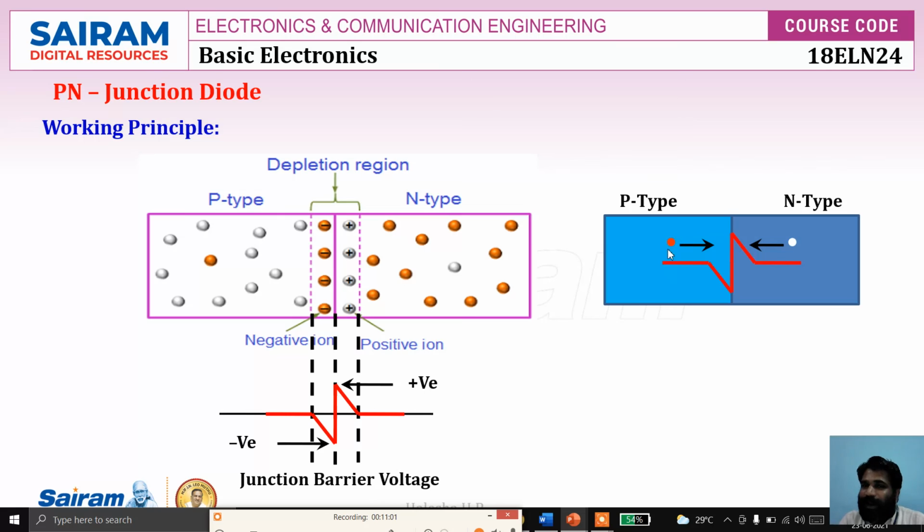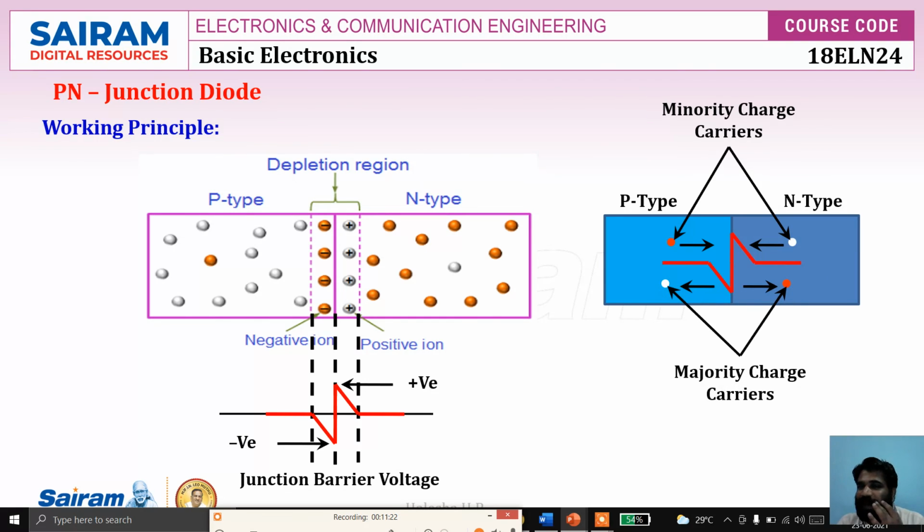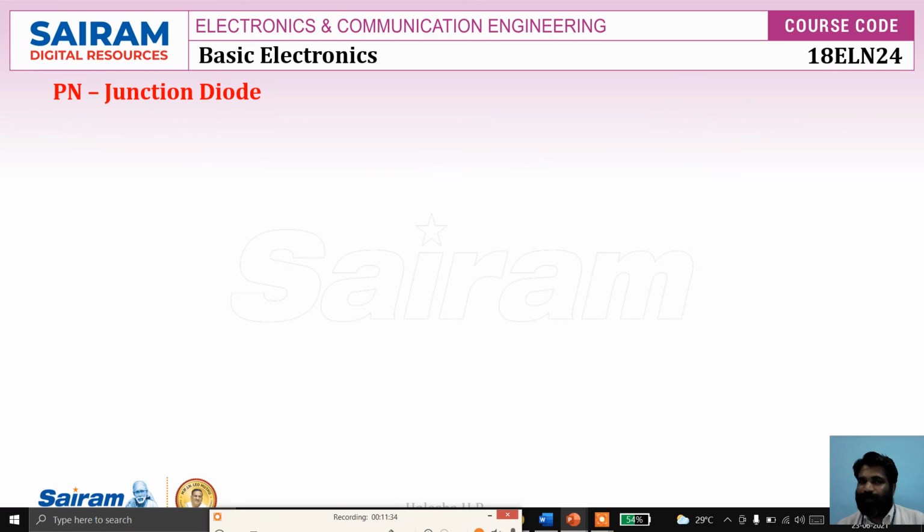As you know, electrons at the P-type are minority charge carriers, and holes at the N-type are minority charge carriers. So they are called minority charge carriers. But this field repels the electrons at the N-type and repels the holes at the P-type, so they are majority charge carriers. So majority charge carriers are repelled and minority charge carriers are attracted. So even though there is a depletion region, a small current flows.